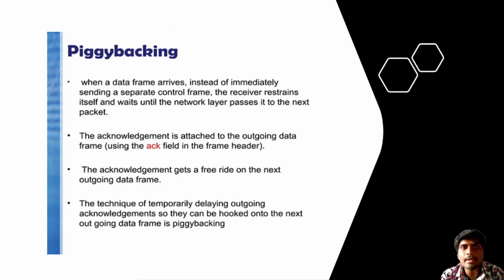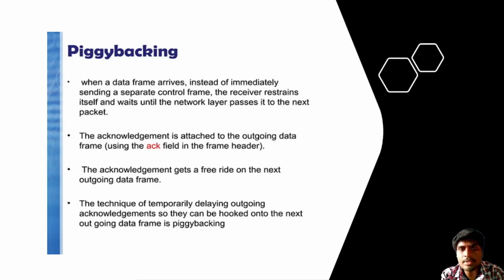Piggybacking. When a data frame arrives, instead of immediately sending a separate control frame, the receiver restrains itself and waits until the network layer passes it the next packet.